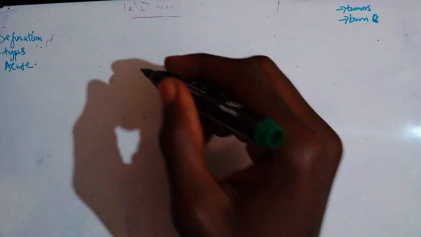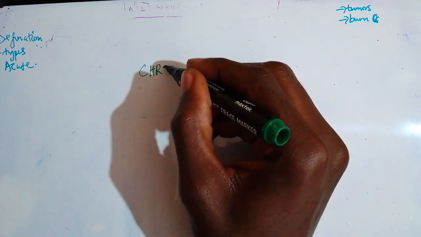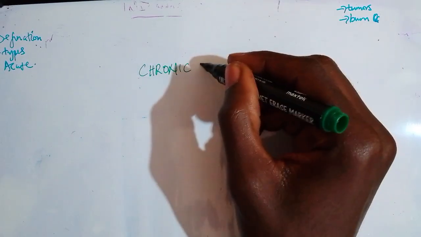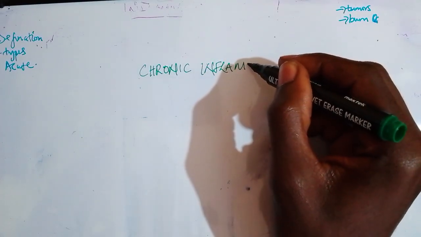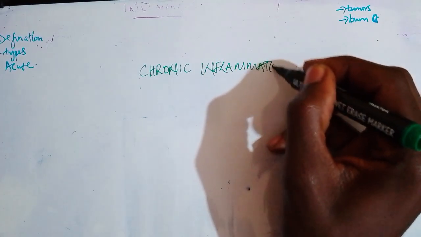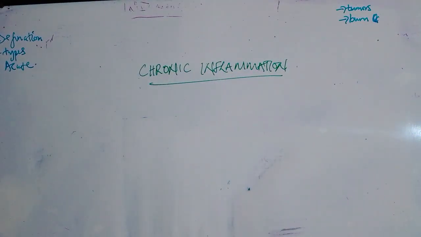So in today's class, we are going to be looking at the second type of inflammation, known as chronic inflammation. So what is chronic inflammation? Whenever we are talking about chronic, you have to first understand the term.